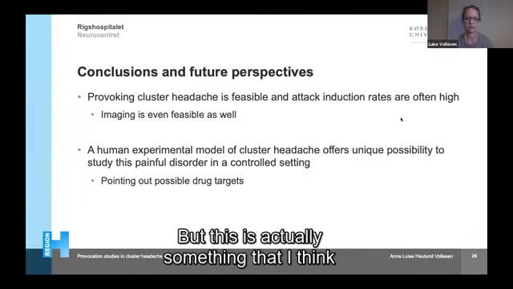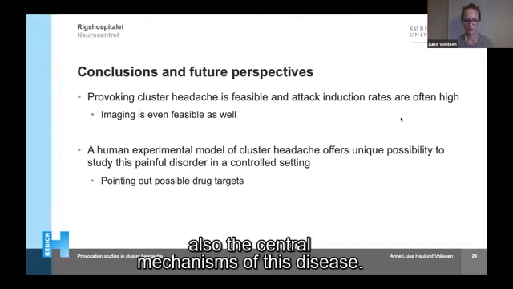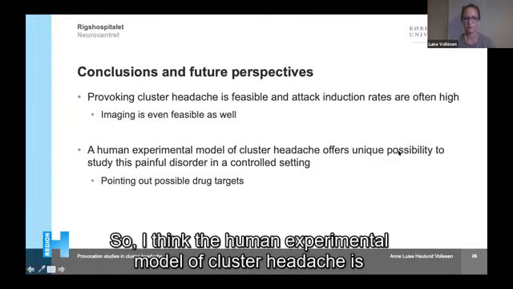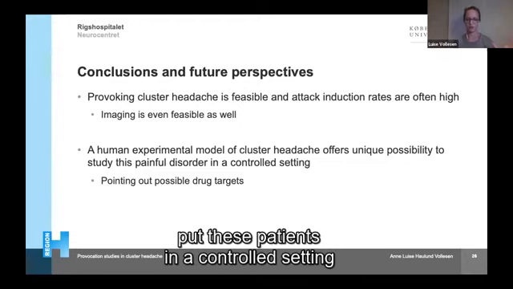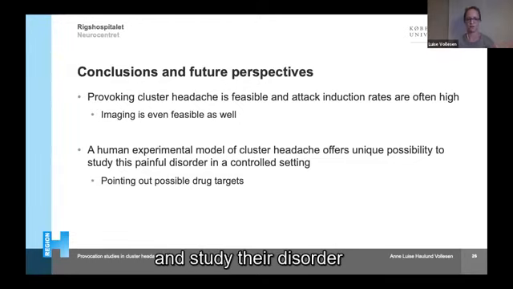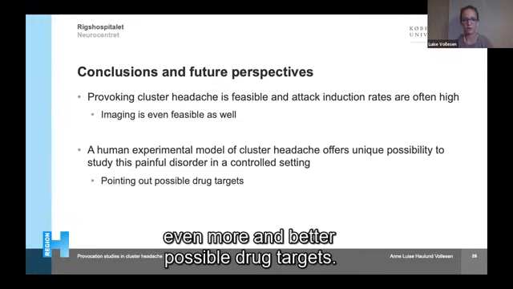But this is something that I think holds great potential to really dive deeper into the central mechanisms of this disease. So I think the human experimental model of cluster headache is definitely a unique possibility to put these patients in a controlled setting and study their disorder, and hopefully eventually point out even more and better possible drug targets.